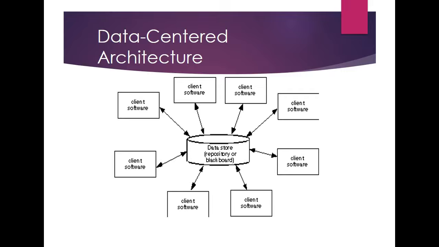All the client softwares, the application softwares, will be accessing the data storage, accessing the data, or inserting, modifying, or retrieving the data. All those operations can be done through the client software, but the data storage is at the backend. So this is the data centered architecture.